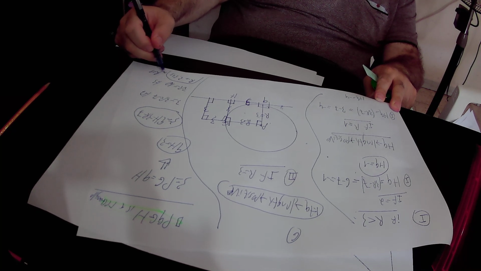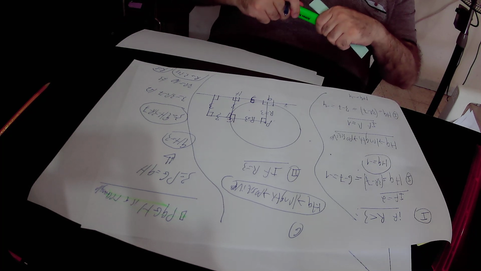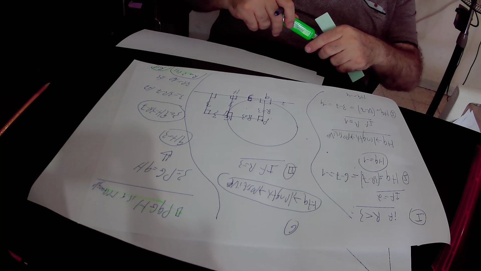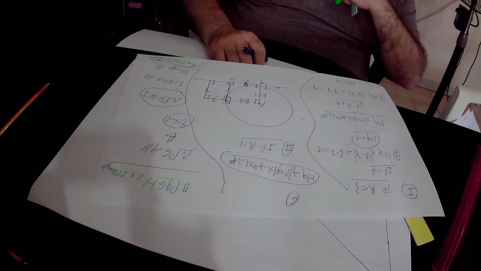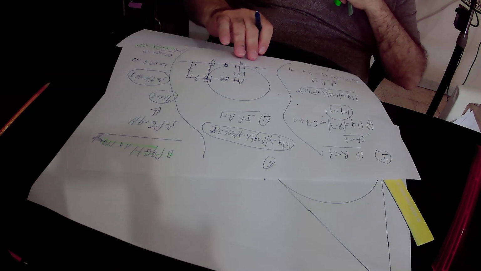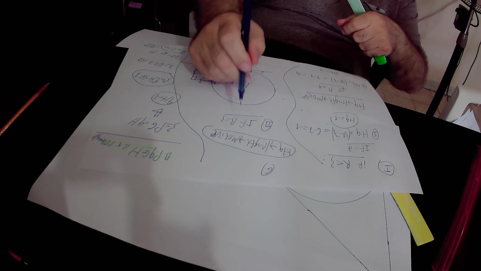So here we have a contradiction. R cannot be equal simultaneously to 3 and 3.333. Therefore, due to the contradiction, we derive that R cannot be equal to 3 units.